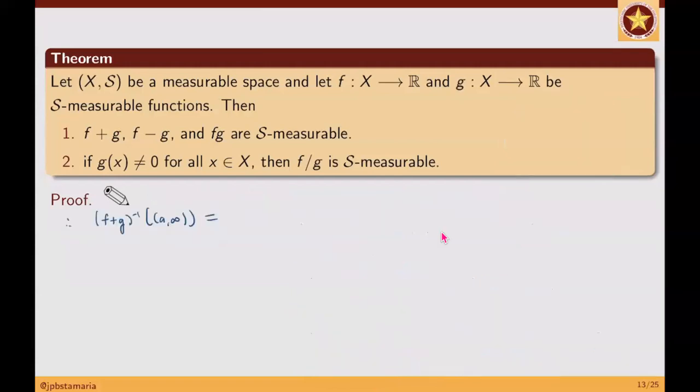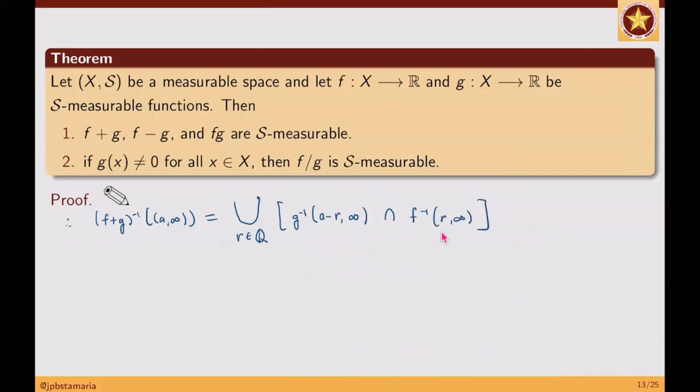Ito siya. So this set is basically the union over all R in Q of the sets of the form G inverse of A minus R to infinity intersection F inverse of R to infinity.